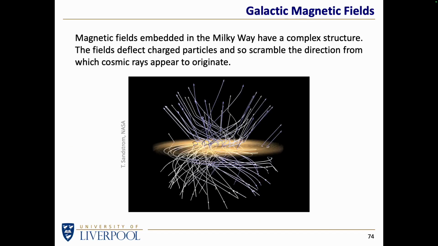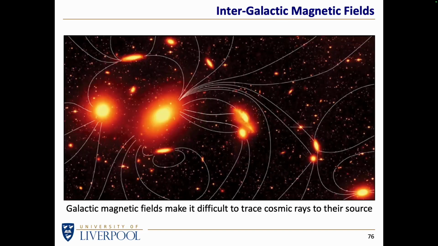The magnetic field of the Milky Way is very complex. And simulations give us an idea of what it might look like. But if charged particles are going to be bending in these magnetic fields, and the magnetic fields are very complex, it's very difficult to work out where the charged particles have actually come from. And we think there are magnetic fields between the galaxies as well, but we don't really know.